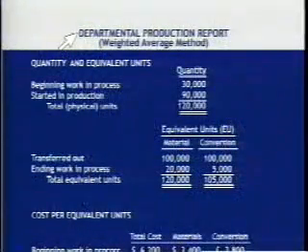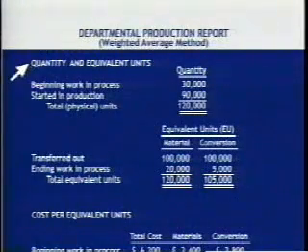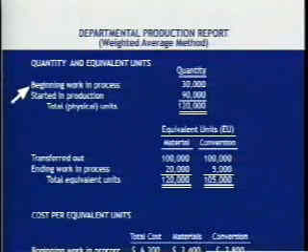Although formats may vary, the production report is usually in 3 sections. In one common format, Section 1 lists the total physical units and equivalent units to account for. The physical units include beginning work in process, plus those started into production. Equivalent units include those transferred out and ending work in process.